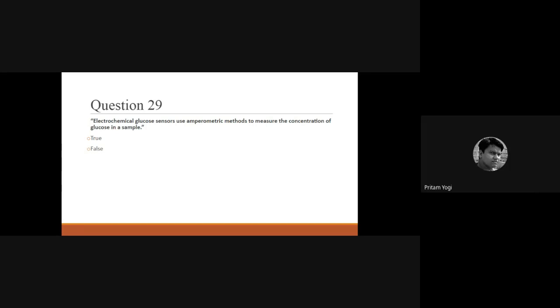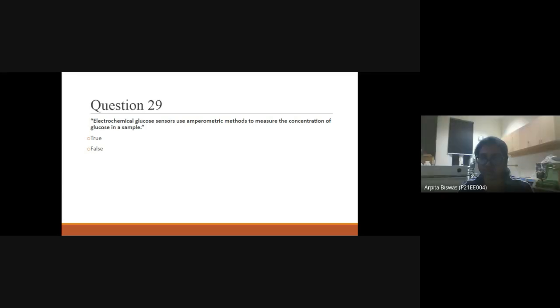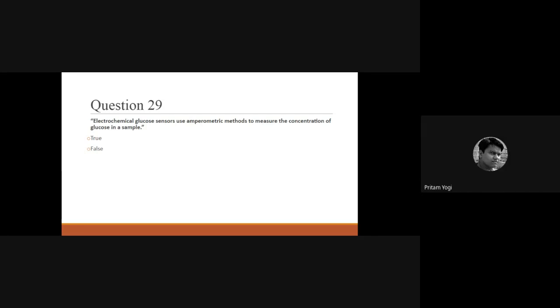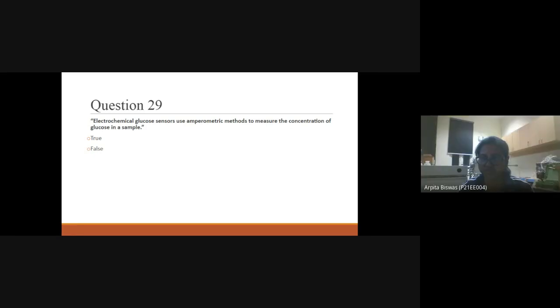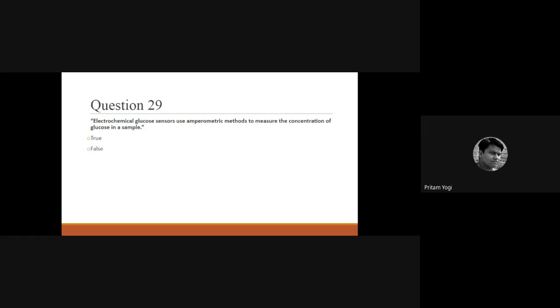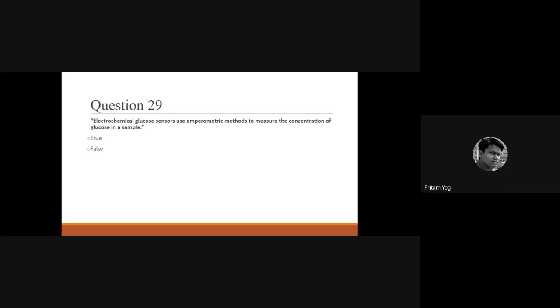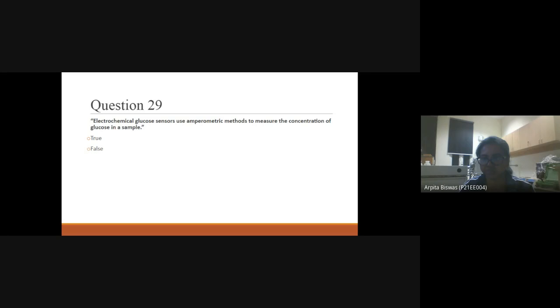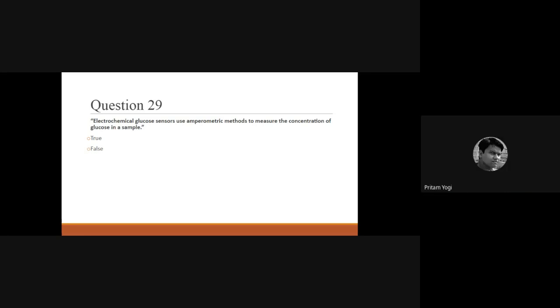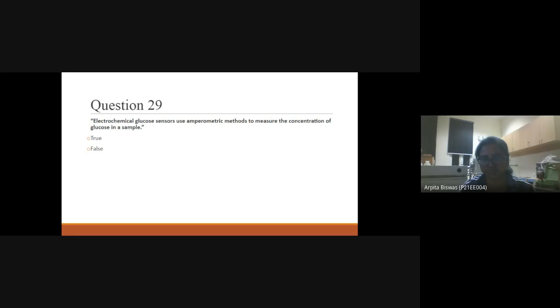It is minimally invasive. Why is it minimally invasive? We are just taking one drop of blood from the body. If we do the detection process inside our body, that is invasive, and if we take it out of the body, it is non-invasive. Okay.